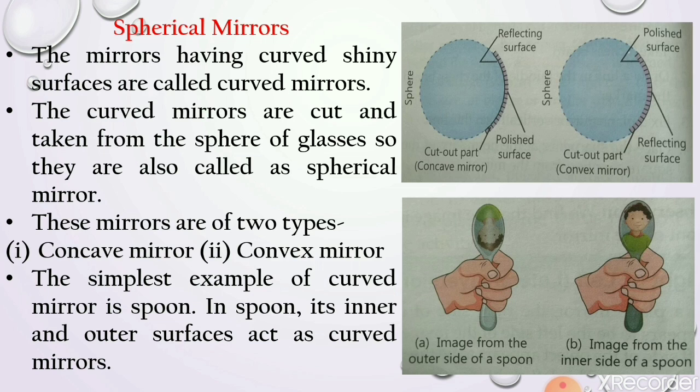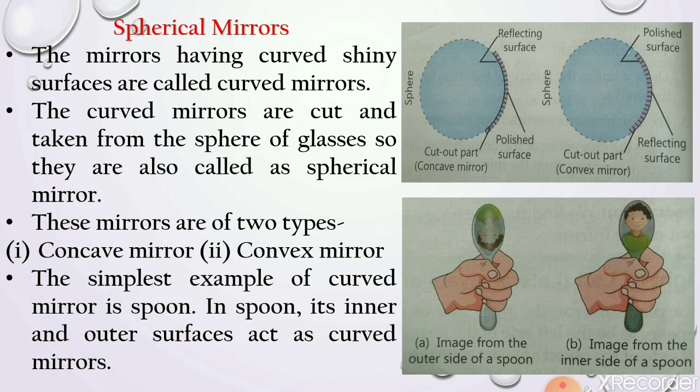And the simplest example of these two curved mirrors you can see at your home. This is a spoon. In a spoon, the inner surface and the outer surface act as curved mirrors. In the outer surface of the spoon you can see your image, and in the inner surface of the spoon also you can see your image.